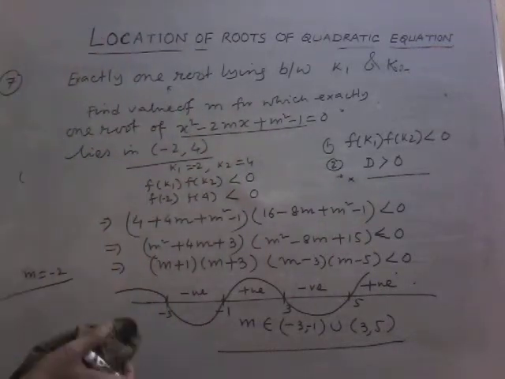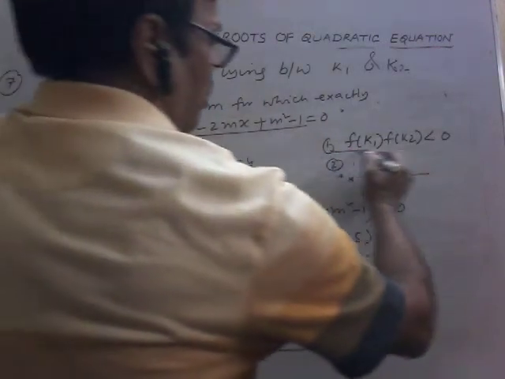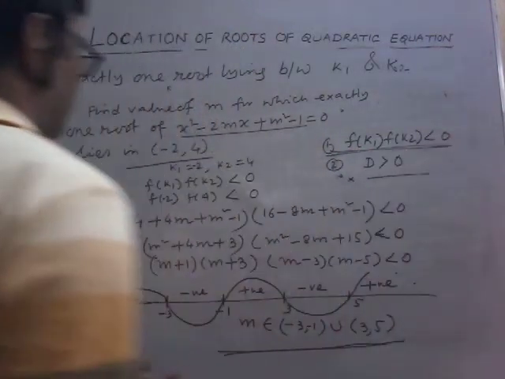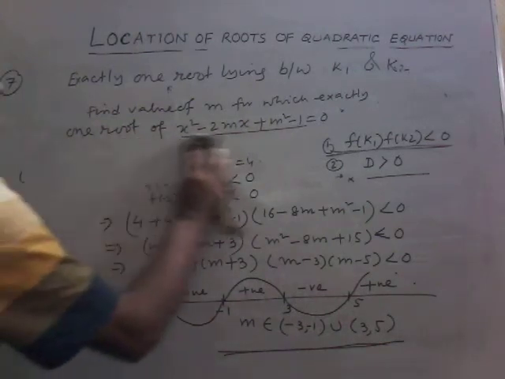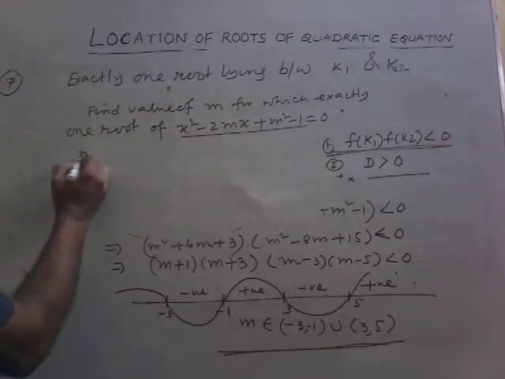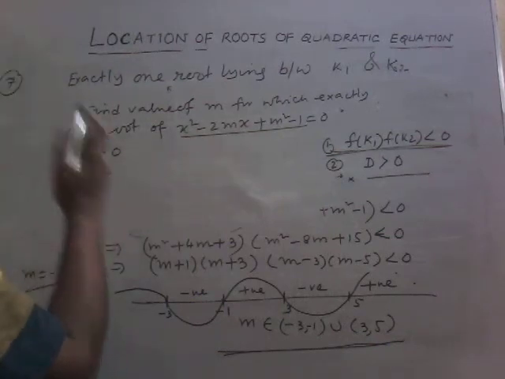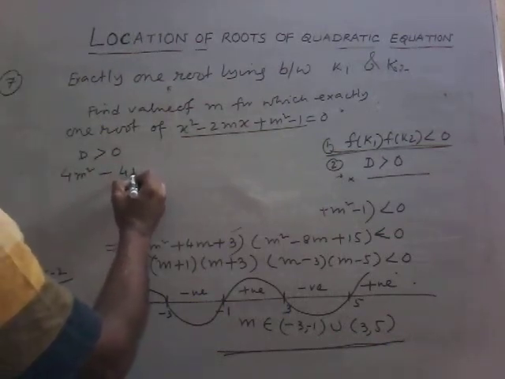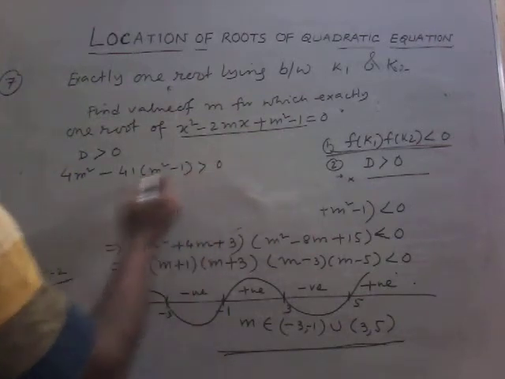Now the second condition, let us verify it. What is our second condition? D greater than 0. So 4m square minus 4 into 1 into m square minus 1 greater than 0.